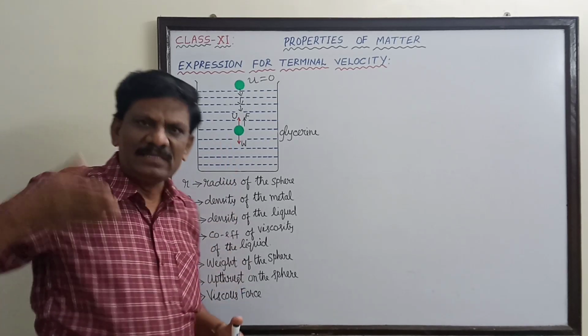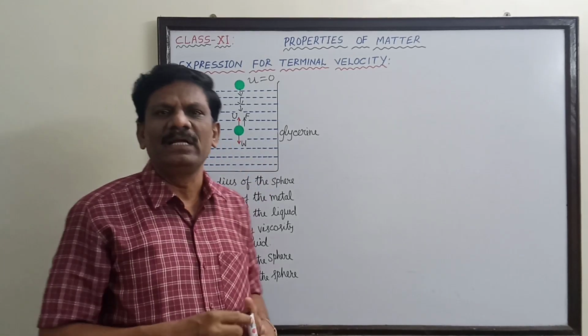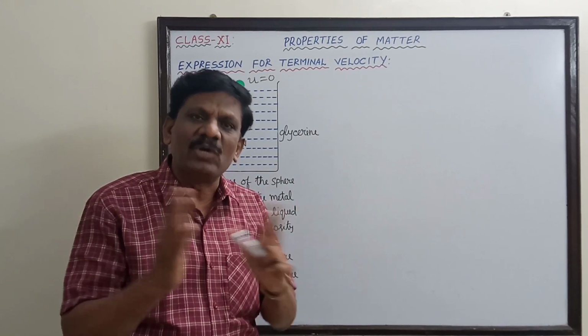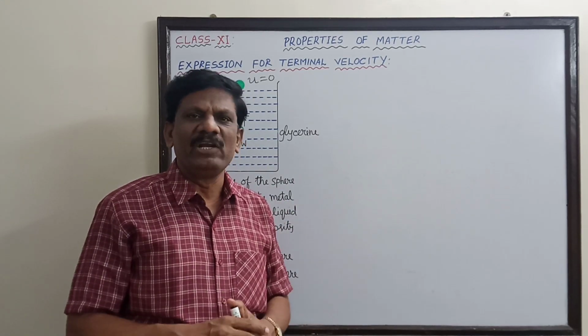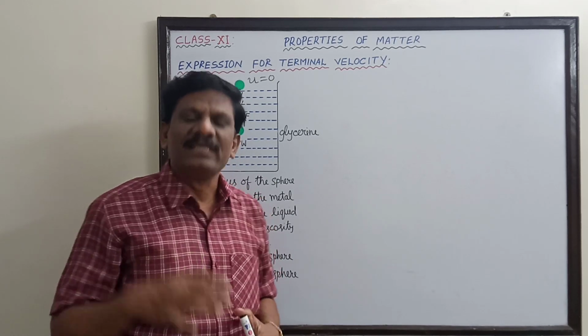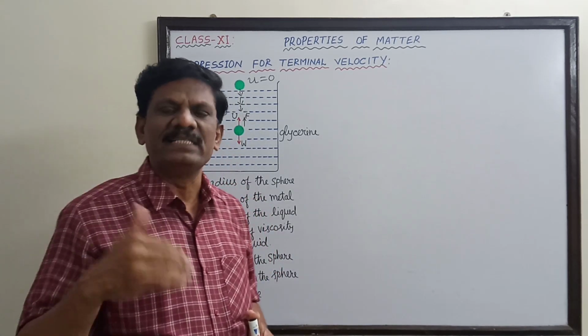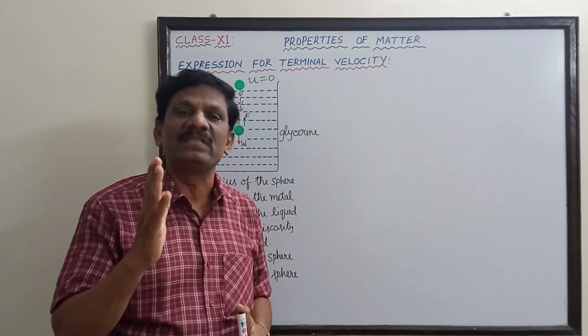Also when the sphere is passing through the liquid, it displaces an equal volume of the liquid. As a result, it experiences another force in the upward direction called upthrust.